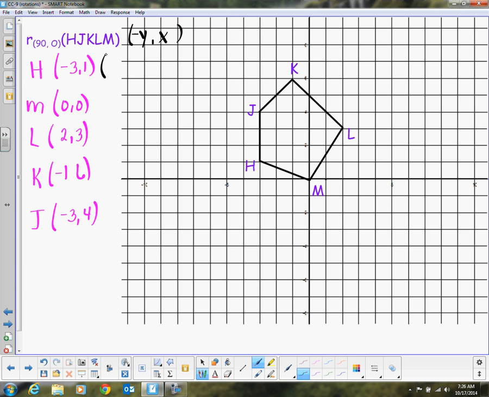So this is going to be H prime. You flip them, 1, negative 3, and then you take the opposite of the first one, so negative 1, negative 3. Okay, so Caitlin, what happens with 0, 0? Right. Because you switch them and then you take the opposite and it still looks the same.